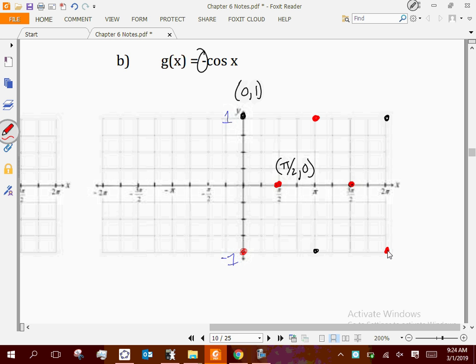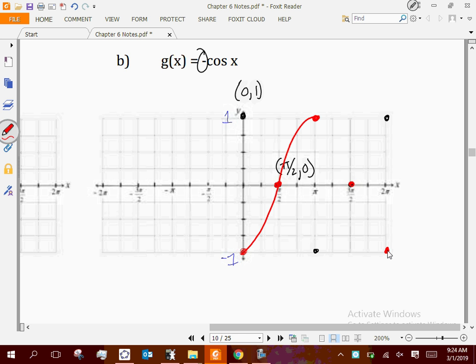Which ones do you connect if they're all the same color? My suggestion: get a highlighter, get crayons, get colored pencils. I've had people in the past get one of those fat pens with the little clickers on it. You can change the color. Those are great for this type of thing because you can color code things, and it makes things so much simpler.